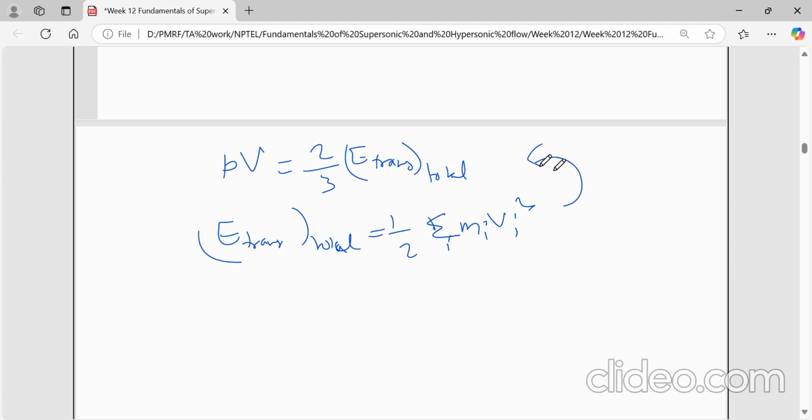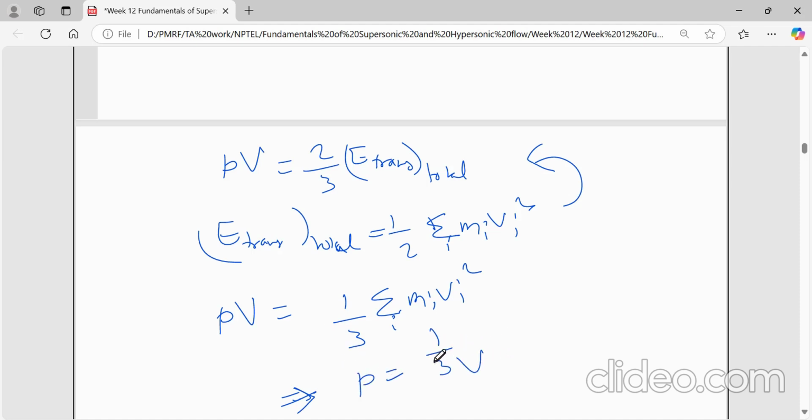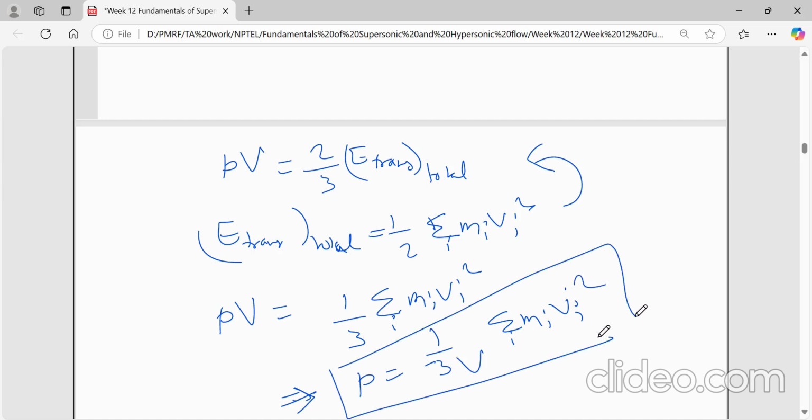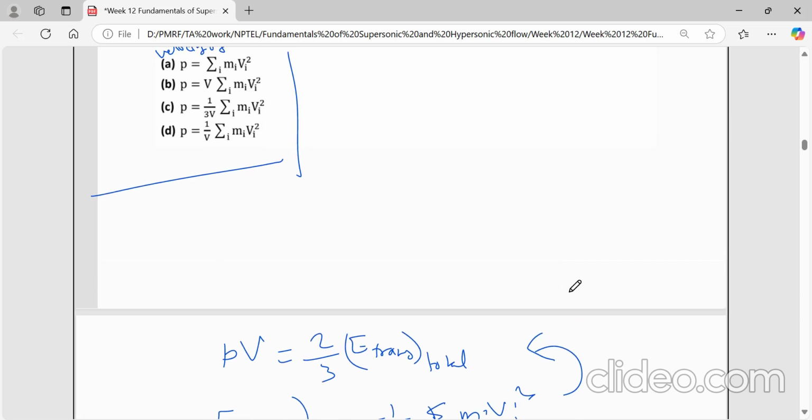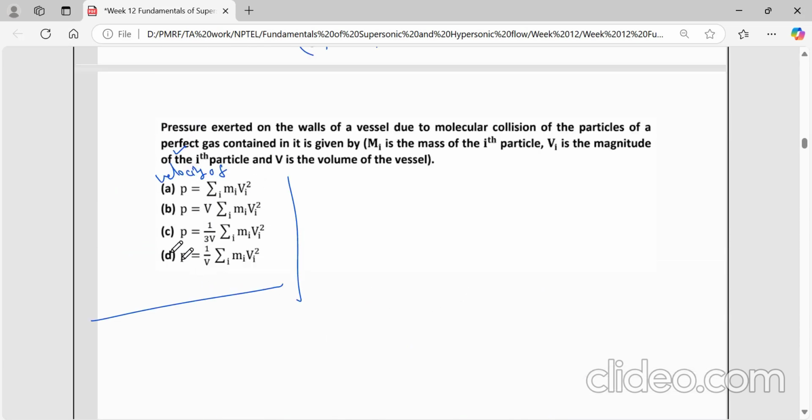If we substitute this here, then what will we get? PV equal to 1 by 3 sigma mi vi square. And if we take this V to other side, then we get P equal to 1 by 3V sigma i mi vi square. This will be the pressure. So which option is correct? Option C is the correct option.